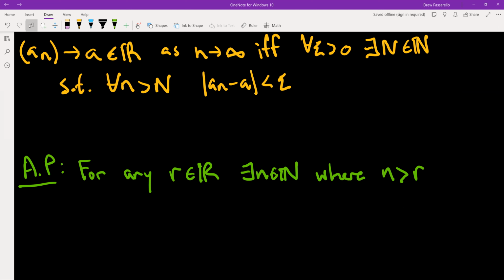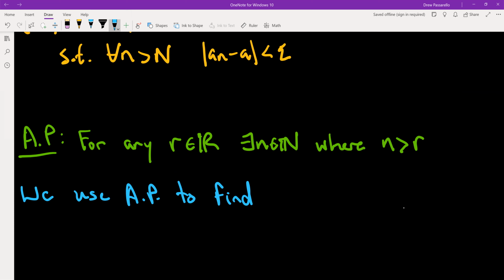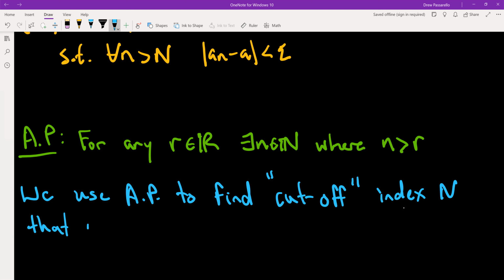All right, so I'll go ahead and state that. We use the Archimedean principle to find our cutoff point or index, capital N, that will depend on epsilon.